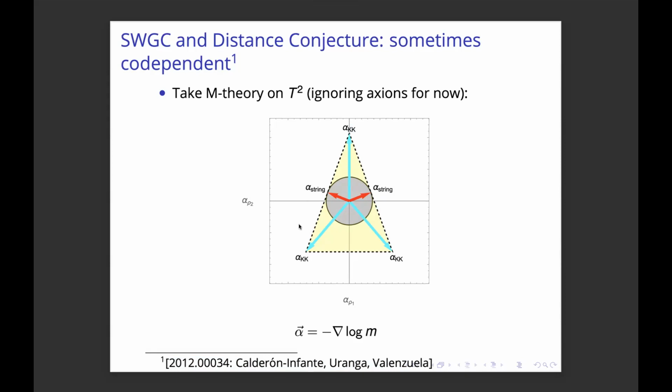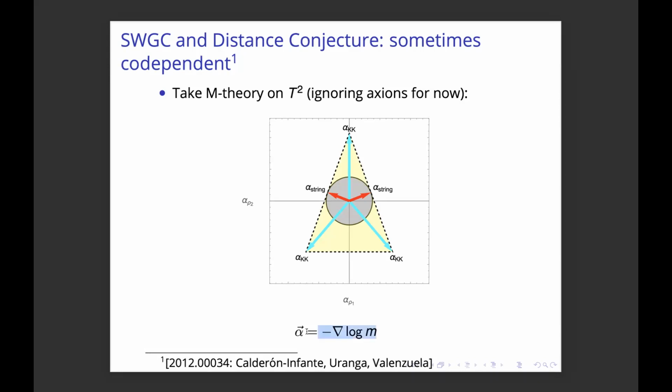Now, if we go in any infinite distance limit in this moduli space, any direction, because we have the scalar weak gravity conjecture, there will always be a scalar charge to mass ratio vector whose projection along that direction is greater than or equal to 1 over square root of d minus 2. Well, that means that we can integrate.